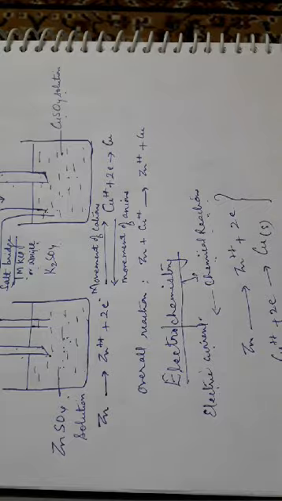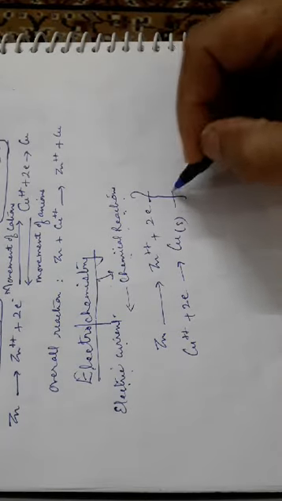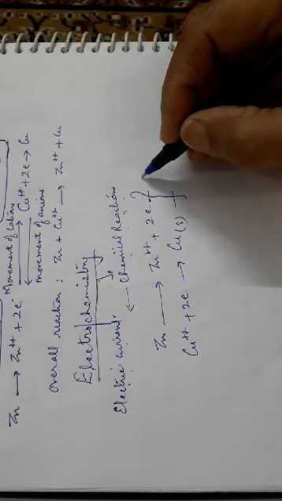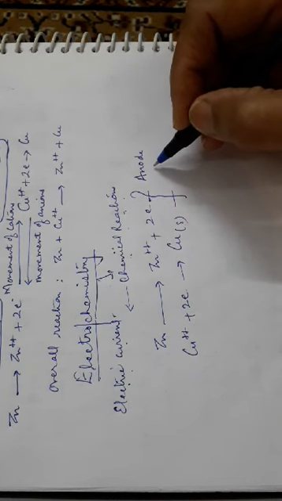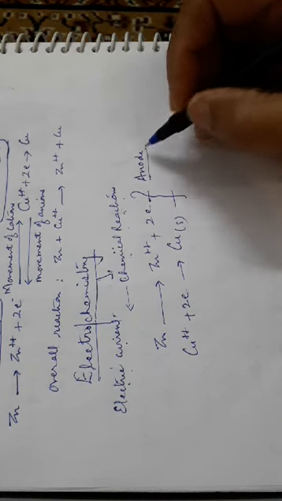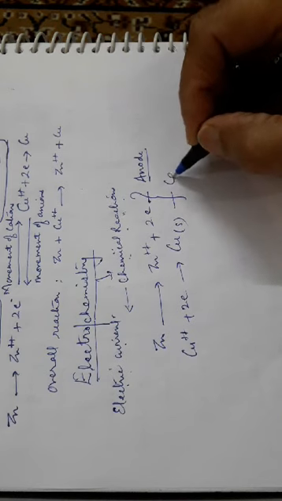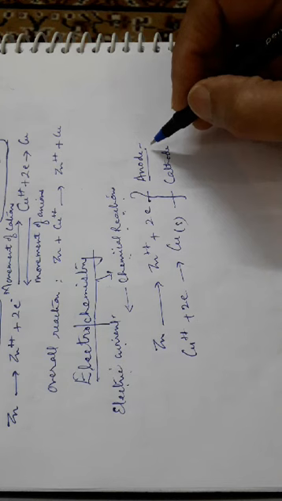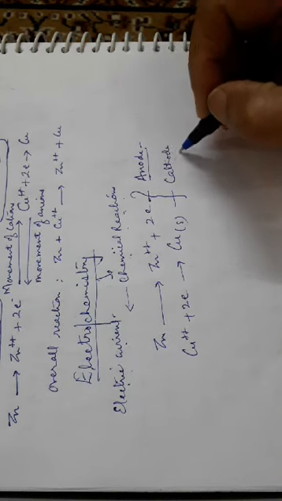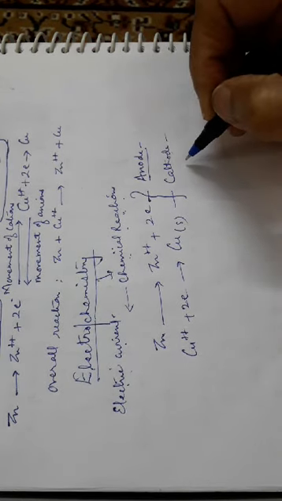The electrode where oxidation takes place is called the anode. The electrode where reduction takes place is called the cathode. So at the anode always oxidation will take place, at the cathode always reduction will take place.